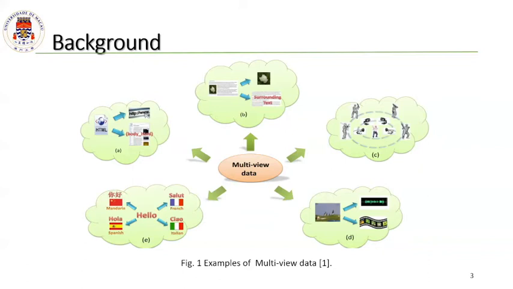For example, web pages can be described by both the page contents and the hyperlink information. For images and videos, color information and texture information are two different kinds of features, which can be regarded as two-view data.